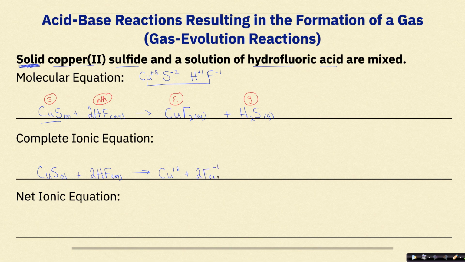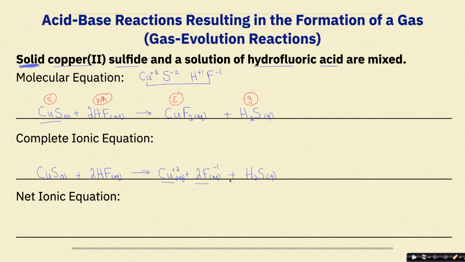We're going to give AQs to both of these. And there might not be much of it in solution, but we're going to acknowledge that there are some of these ions here, plus H2S gas. And we're not going to break that down. See, the only thing that we really dissociated was the Cu plus 2 and the 2F minus 1.